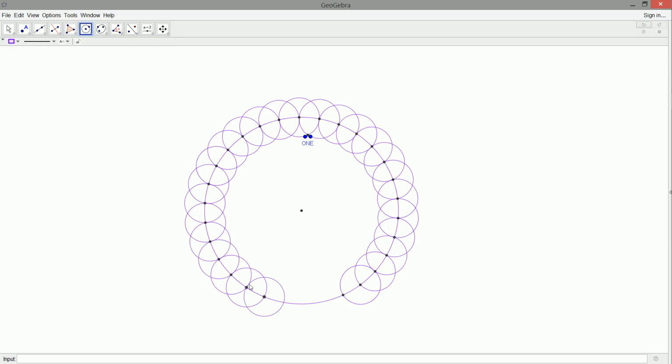But we are almost there, and then we'll connect up all these dots and have a 30gon of side length 2 plus root 3.